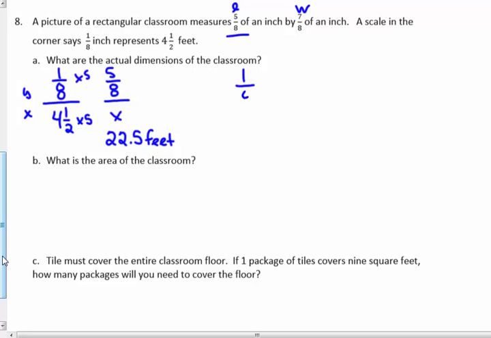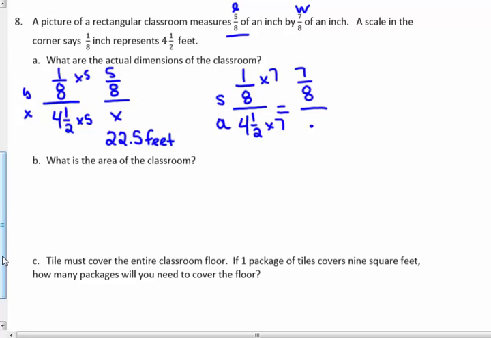Same scale: 1/8 of an inch on the scale picture is really 4.5 feet on the actual thing. So the scale drawing over the actual. Now it went up to 7/8. Well, what am I going to have here? I can see that's times 7.